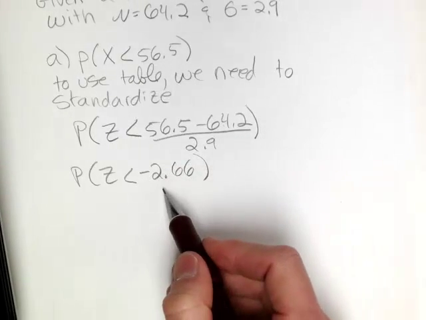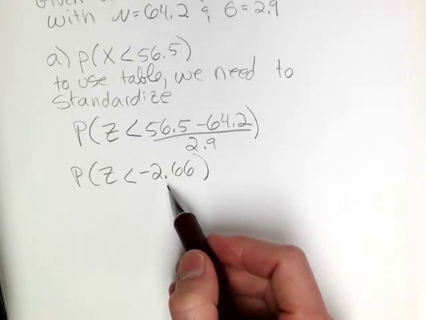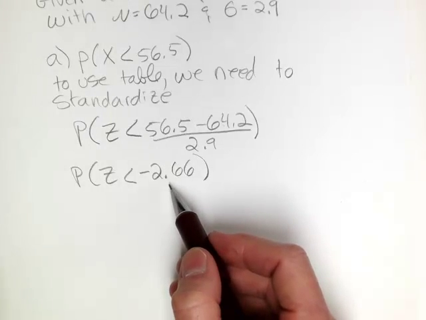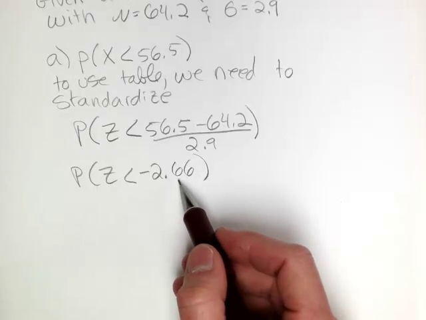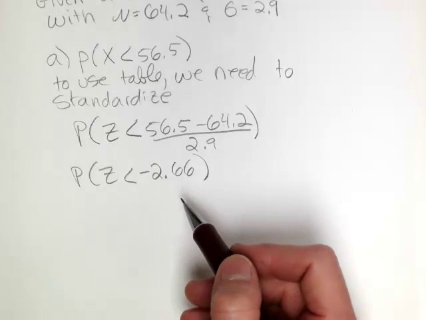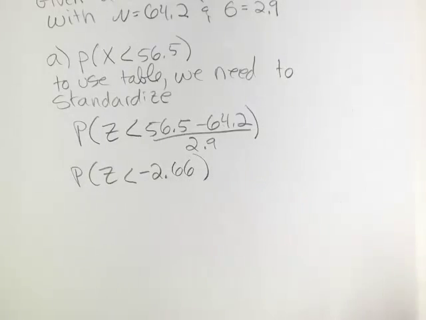Now, remember in Chapter 2 when we first talked about z-scores, anything below negative 2 or above positive 2 was considered an unusual score. So this is an unusual score in terms of a z-score. But now we need to find the probability, because what is considered unusual in terms of probability is having a probability that's less than 0.05.